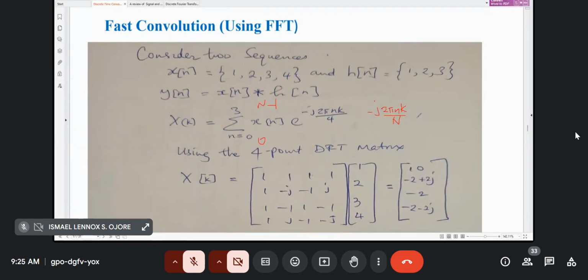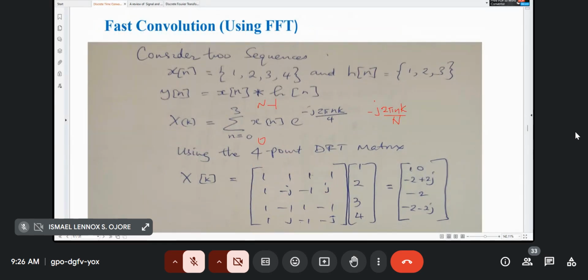So for this case, we can work this out, X of k, starting with x of 0, x of 1, x of 2, the same way we were doing with the circular convolution. But you can also simply use this matrix.